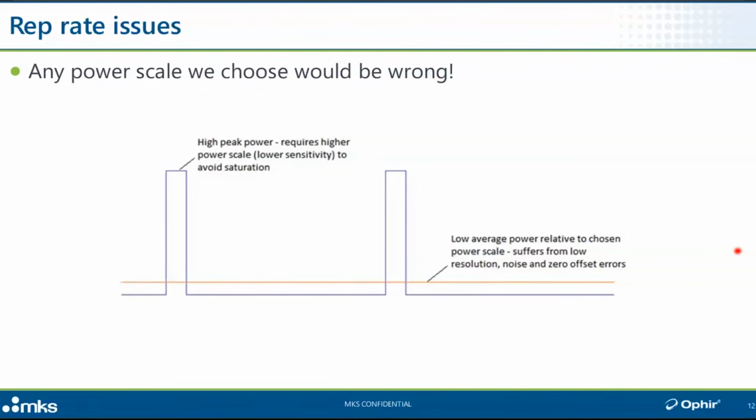Now, if we choose a power scale or range that's appropriate for the average power, as we normally do when we're measuring power of CW beams, then we're looking at a low average power scale, meaning high gain in the electronics. But then when the pulses come, the detector is going to saturate, or it may very likely saturate, which can lead to a measurement error.